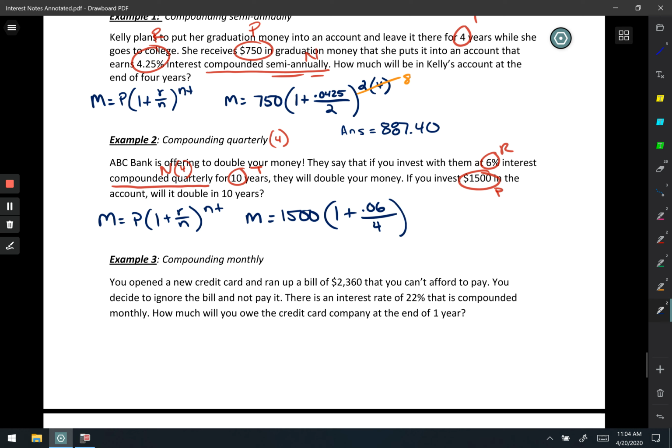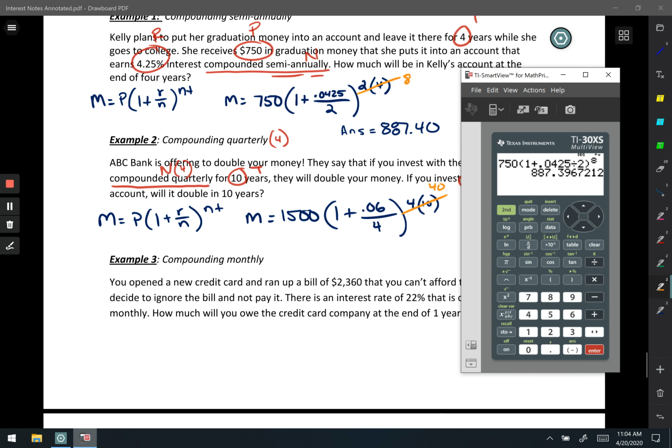Close that, and then remember up here T. Our N was 4. Our T is 10. Again, I'm going to simplify this. That just becomes 40.